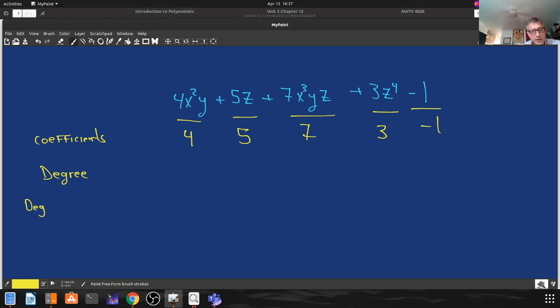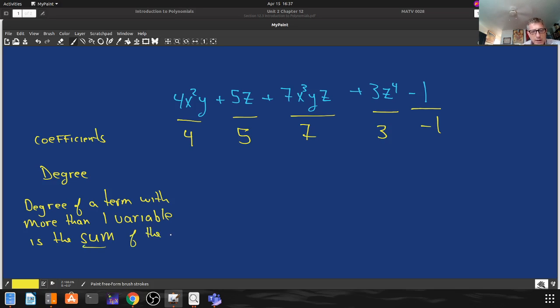The degree of a term with more than one variable is the sum of the degree, or power, or exponent, of each single variable.